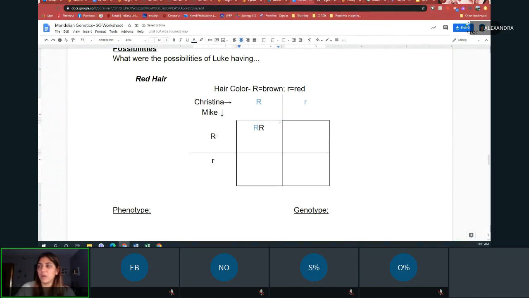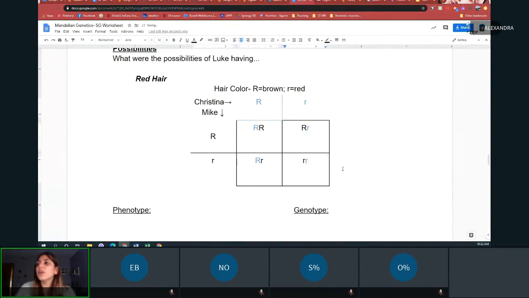Remember, one from dad, and then one from mom. So there we have our Punnett square.